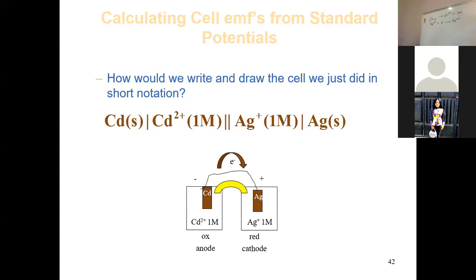Just so you know, sometimes people leave out the state, but anytime the state is not given, once you see that they are in ionic form, they are in what state? Aqueous. When they're in ionic form, they are in aqueous state.